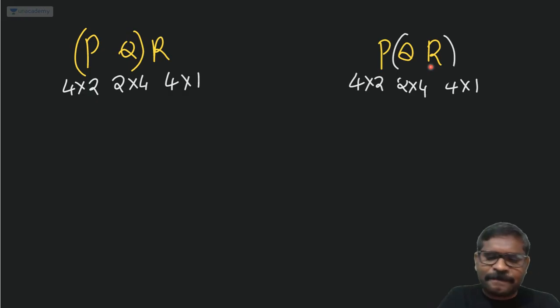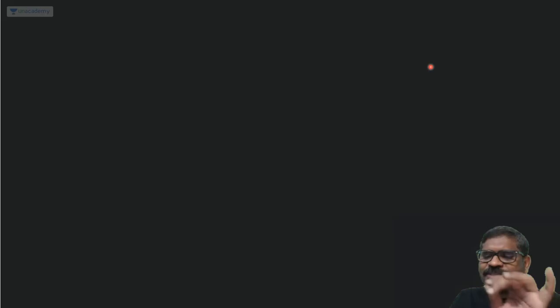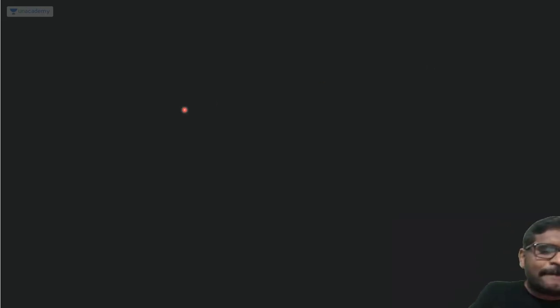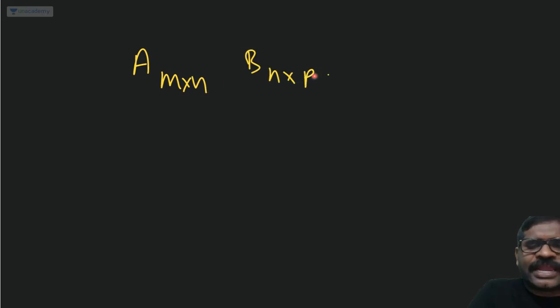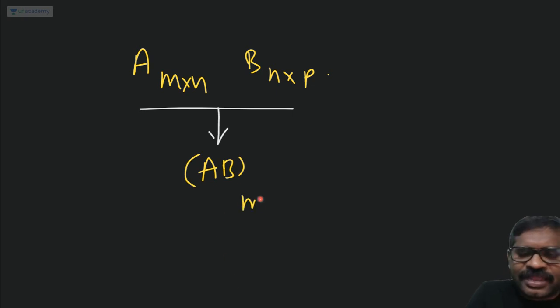Okay. Now, observe. The problem is designed on a simple logic. Matrix A m cross n, matrix B n cross p are multiplied. If both A and B are multiplied, the resultant matrix is AB of order m cross p.